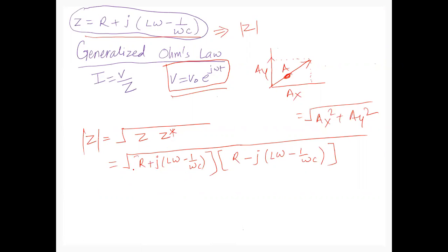Then what do you get here? See, A plus B times A minus B gives A square minus B square. So R square minus j square times (L omega minus 1 over omega C) squared. What is negative j square?